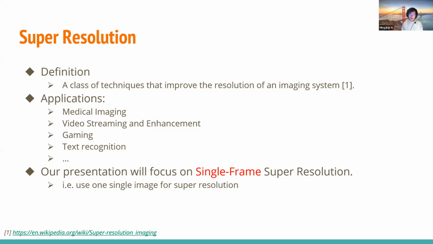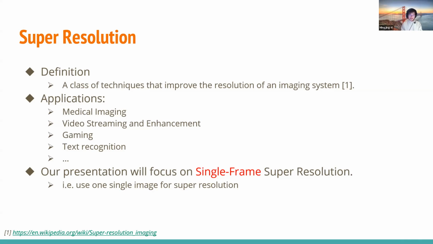Another application is video streaming and enhancement, and also gaming. These two are basically the same; it's all about videos. One essential idea for this application is that it can improve the performance greatly while not losing many details or quality.